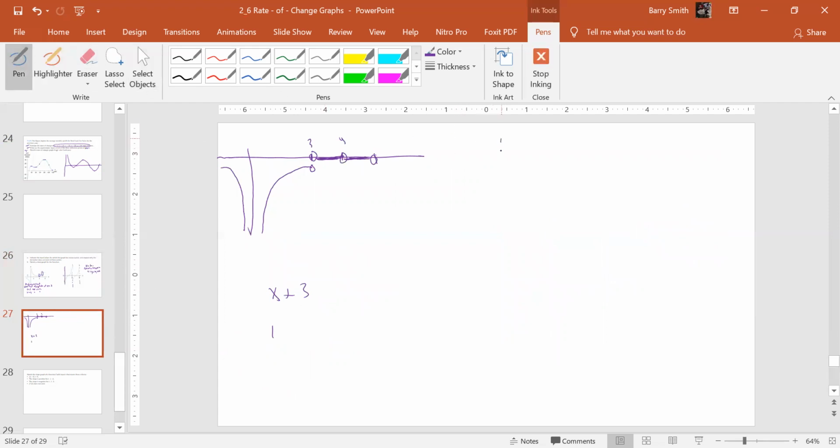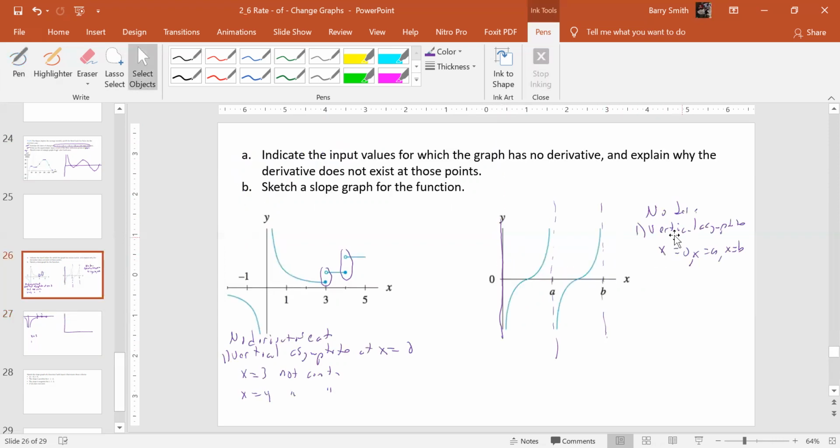So we can draw this one in an opposite axis, and we have actual points.